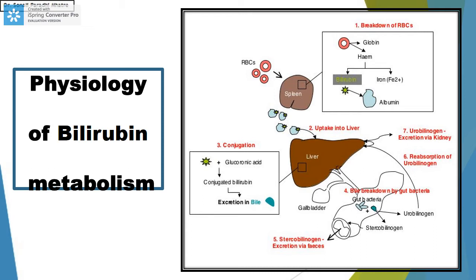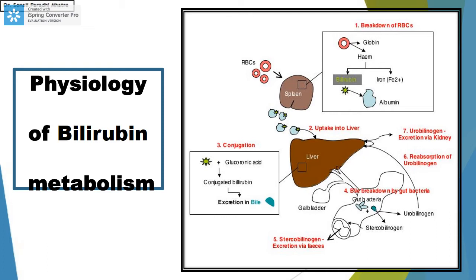Heme breaks down into bilirubin and ferrous iron. The bilirubin released from the breakdown of RBCs then combines with albumin, and is present in the plasma bound to albumin. This breakdown of RBCs occurs in the spleen, and then we have our albumin-bilirubin complex which is found in the blood.